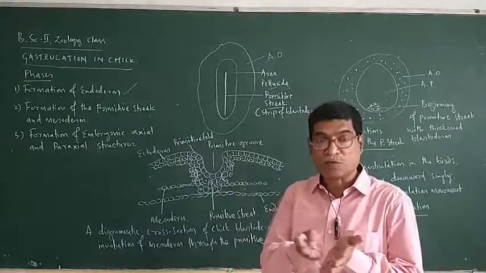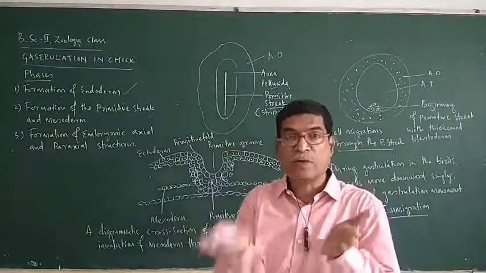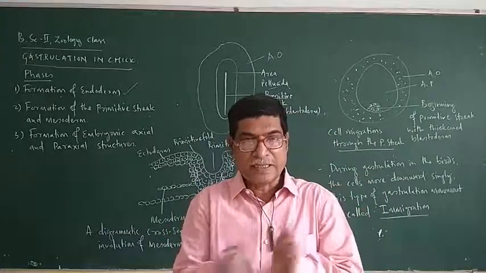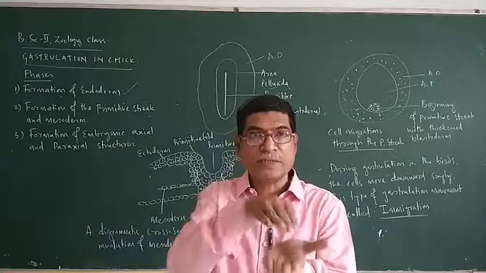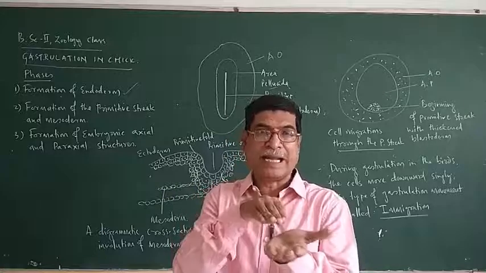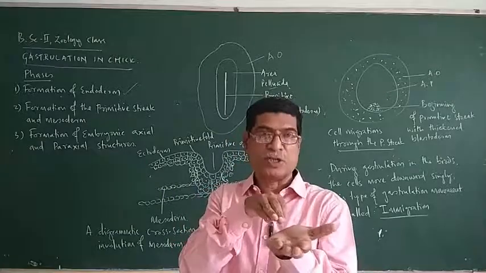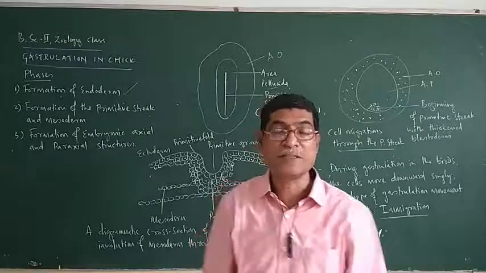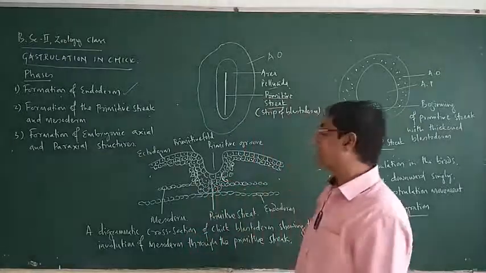It is formed due to the inward movement of epiblast cells, and at the center these cells aggregate to form a thick, band-like, cord-like structure. That cord-like thickened strip is known as primitive streak.